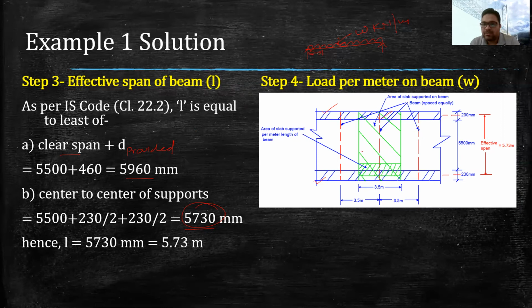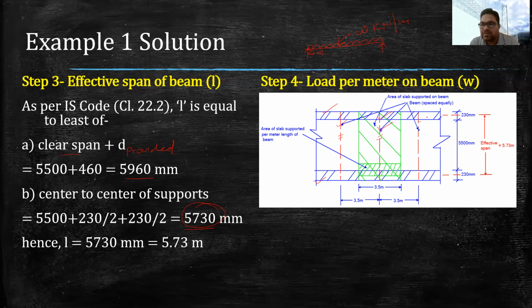There you can see all the beams, and the red line is showing the center line of the beam. In between this beam and this beam, there is this slab, and you can see half of the slab will be supported by this beam and half of the slab is supported by this beam.